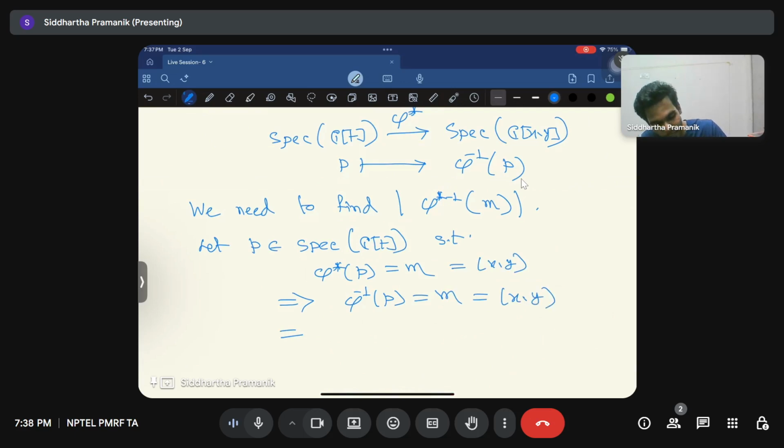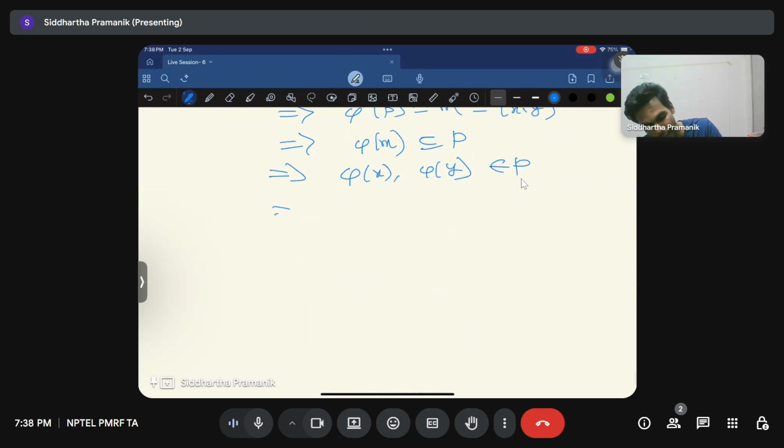So that means phi of M is a subset of P. So phi of x, phi of y belong to P. But what is phi of x?